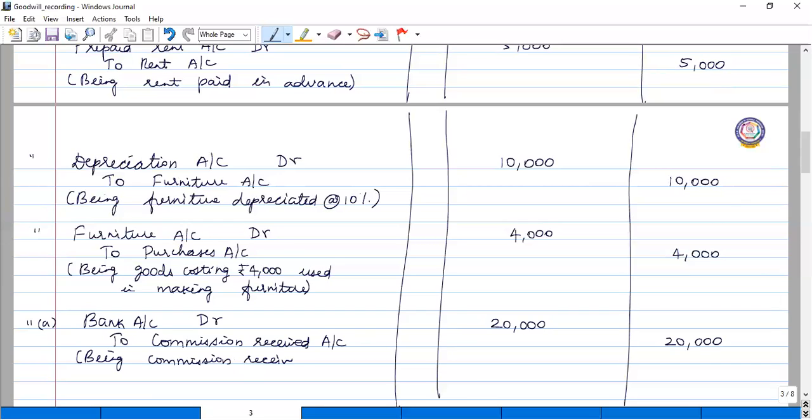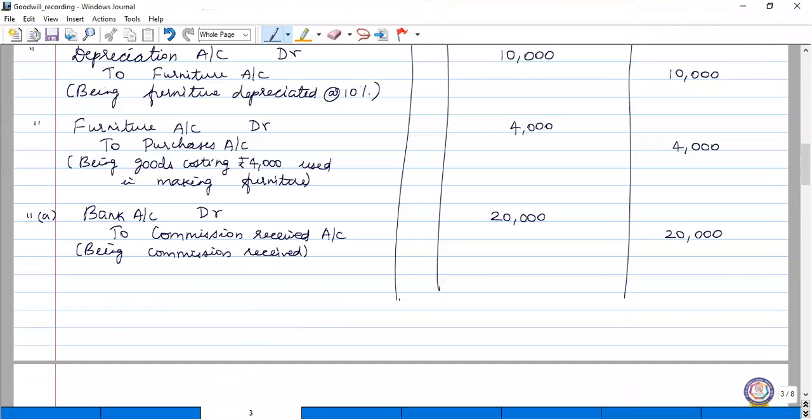Now, out of this 20,000, half of this, that is 10,000, is commission received in advance. Anything which is received in advance is a liability, so we have to credit that item. So commission received debit, to commission received in advance.